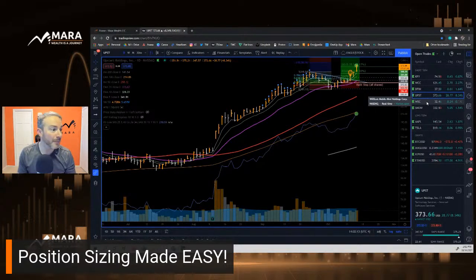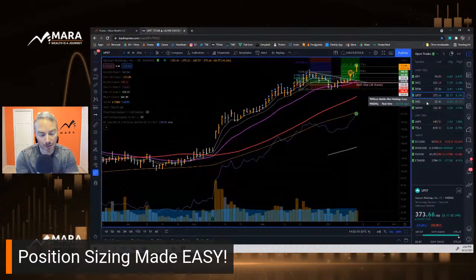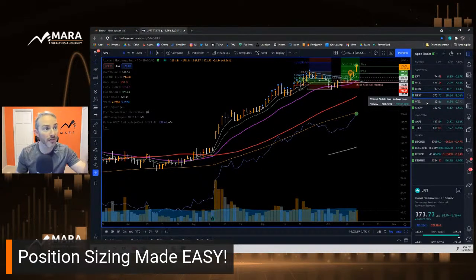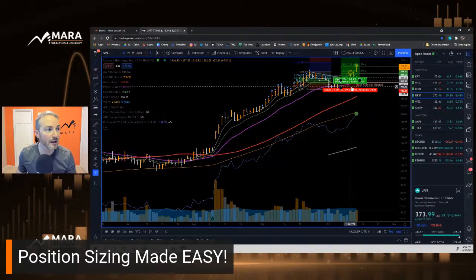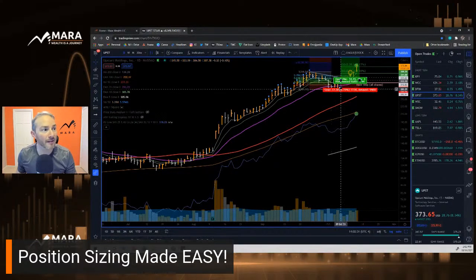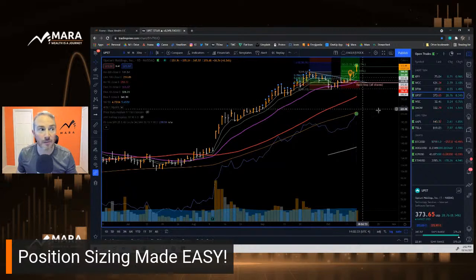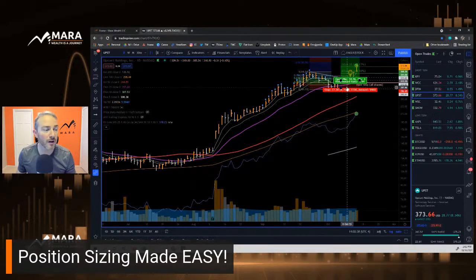That way, number one, you start to figure out how much you're going to risk on that individual trade. For example, with Upstart, my first add was right over here at 313.70, and my stop, where I would exit the trade if I'm wrong, was down here at 286.40.